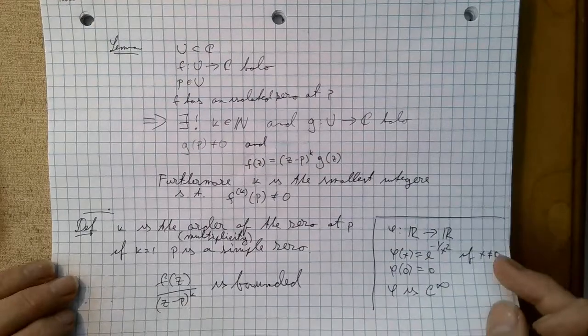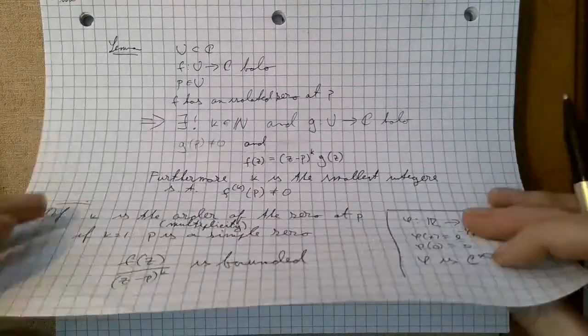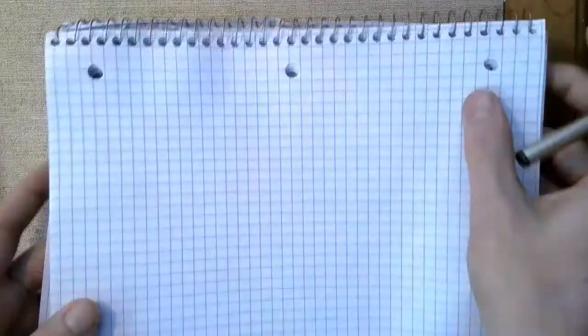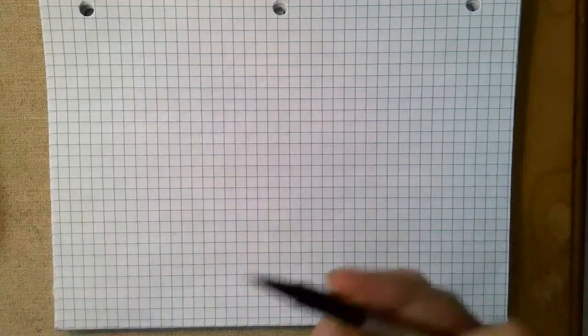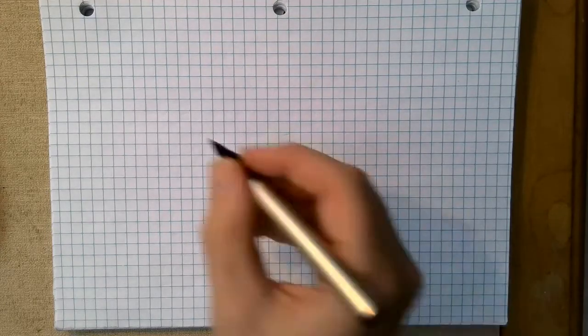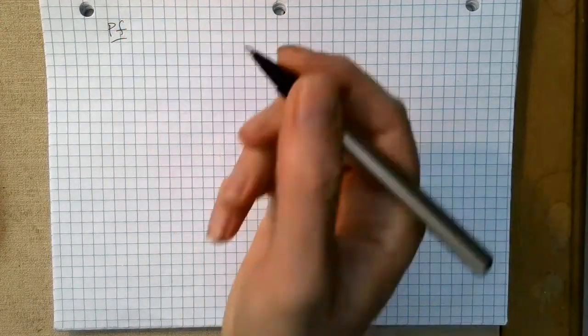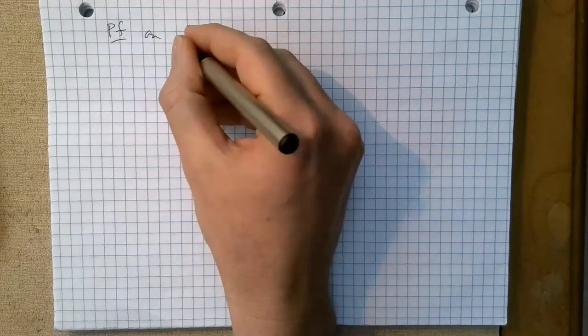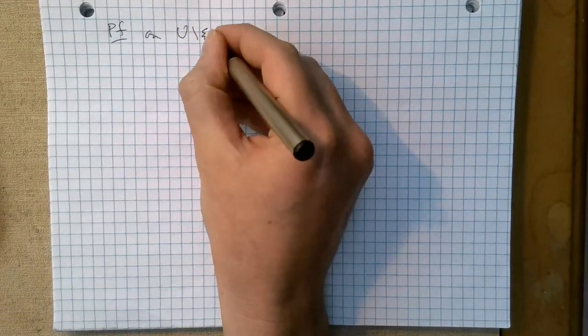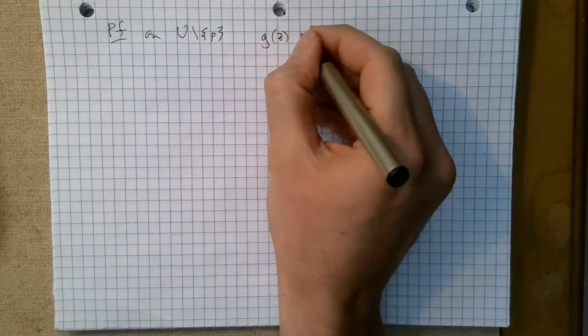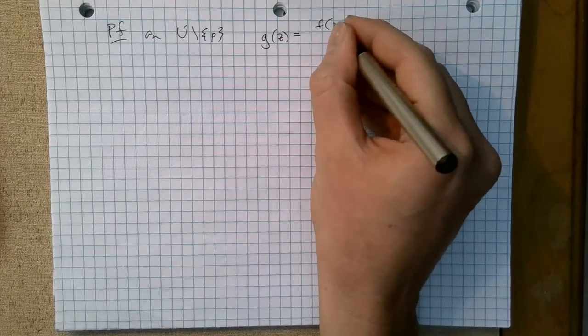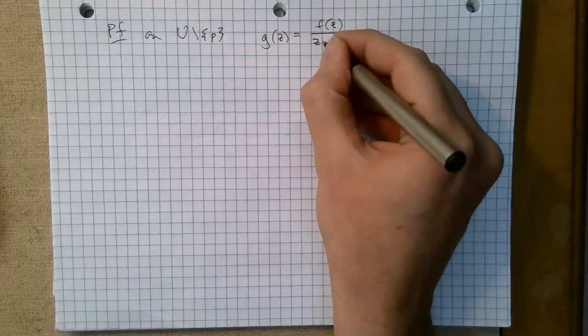So the proof is easy, and we've really seen something like this before. We just haven't stated it completely formally. So, proof of the lemma. If I just look outside of P, then I can define g to be f of z over (z minus p) to the k.